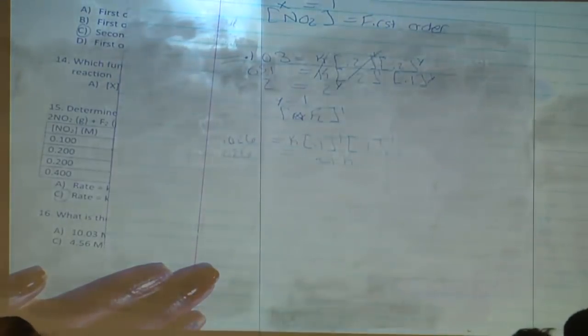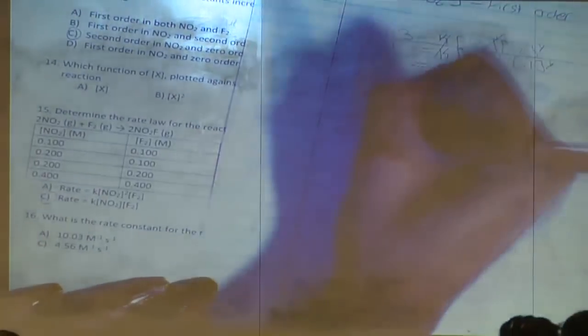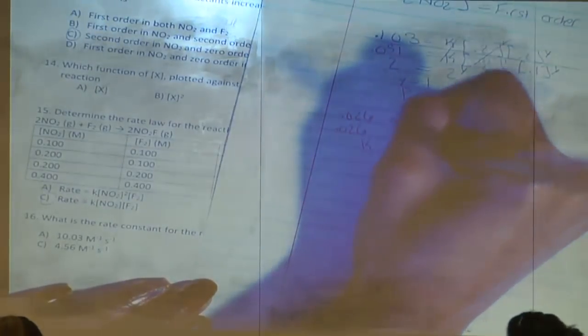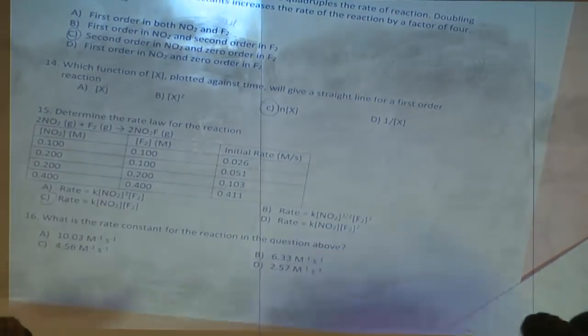So now we do 0.1 times 0.1, so you get 0.01. And now we're just going to divide by that to figure out what K is. So you should get K equals 2.6. 16 is D.